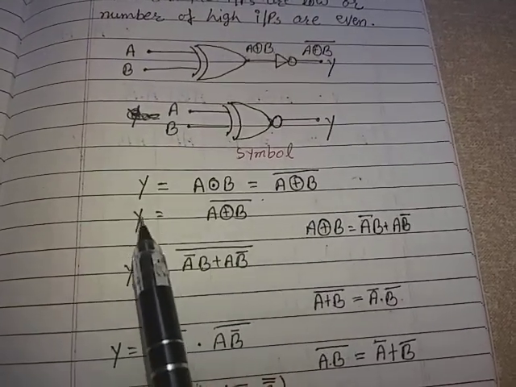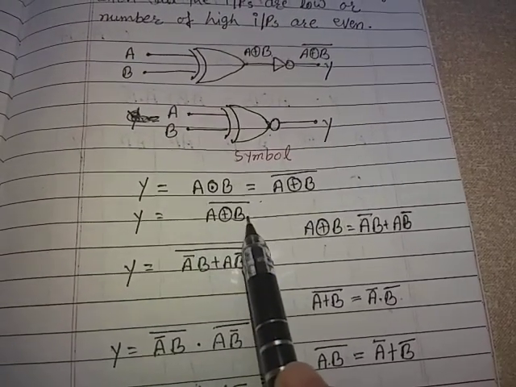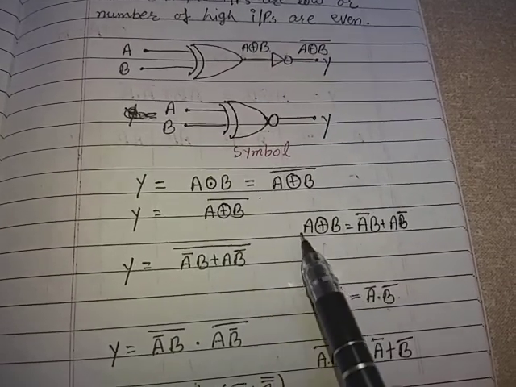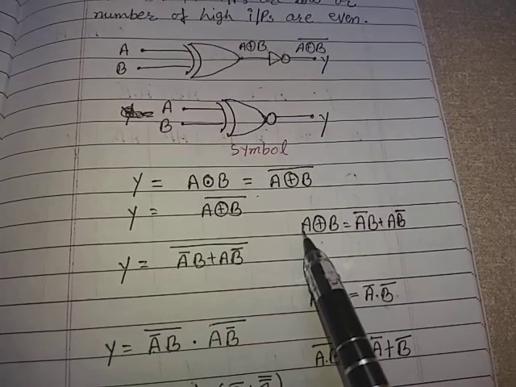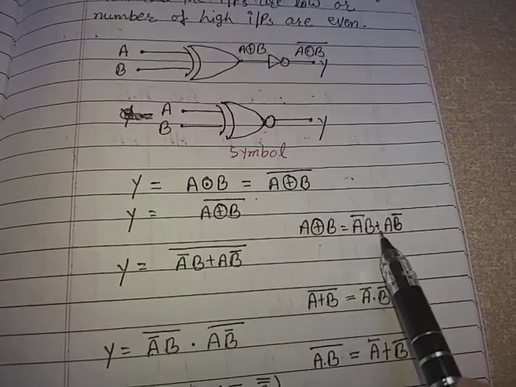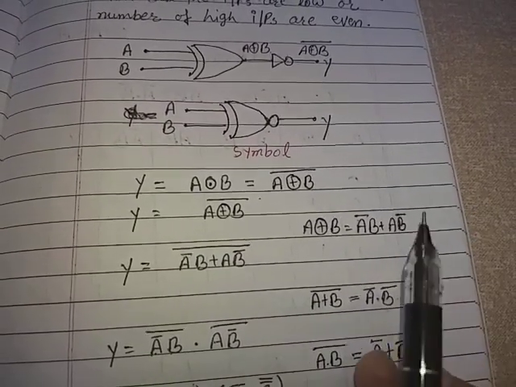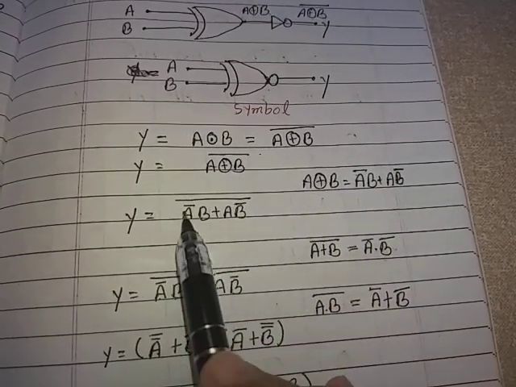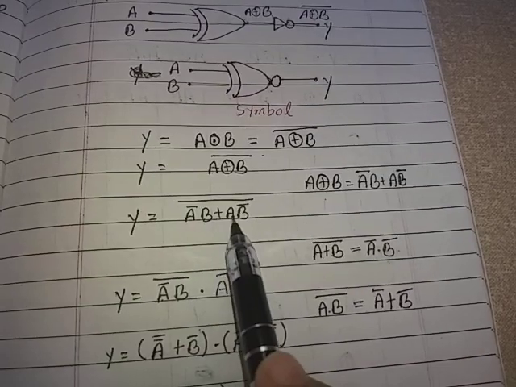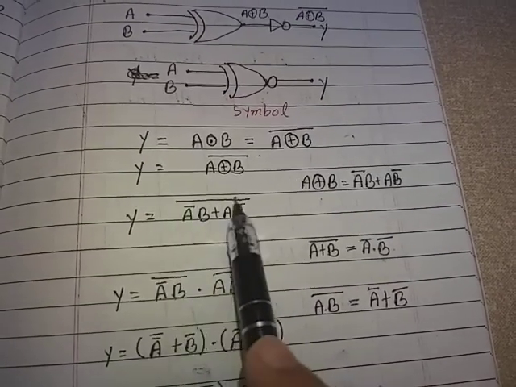Now we have Y is equal to complement of A XOR B. We know that A XOR B is equal to A bar B plus A B bar from the XOR gate. So we are substituting this value into this equation. So we will get A bar B plus A B bar, to the whole bar.